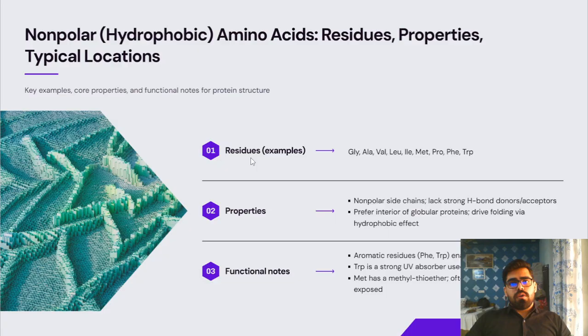These are the examples. Properties: non-polar side chains are not strong hydrogen bond donors. They are not bonded by hydrogen bonding, so they definitely lack strong hydrogen bonds. They prefer the interior of globular proteins, driving folding via the hydrophobic effect.